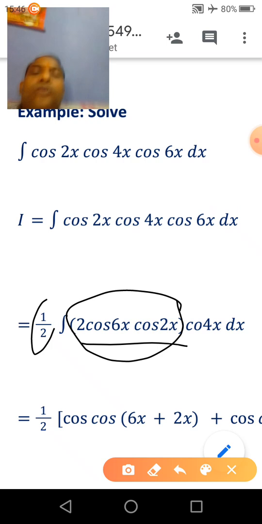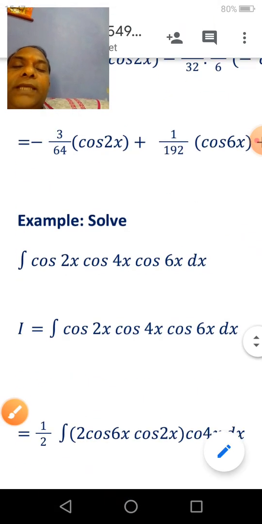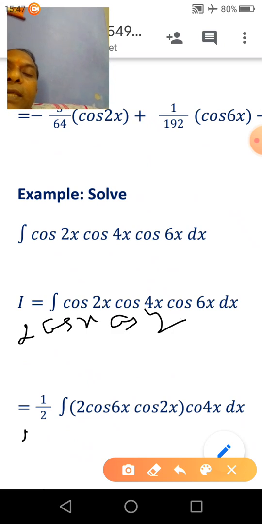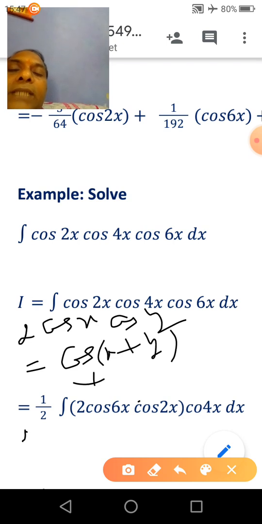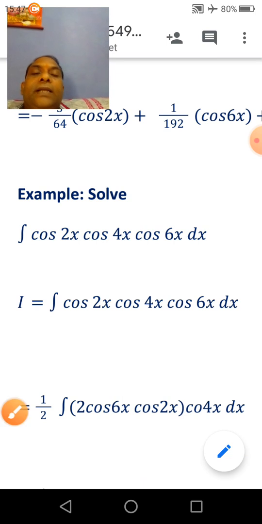So 2 cos x cos y is equal to, we know that cos x cos y is equal to cos x plus y plus cos x minus y. So use the identity here.